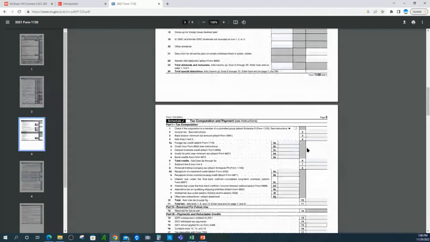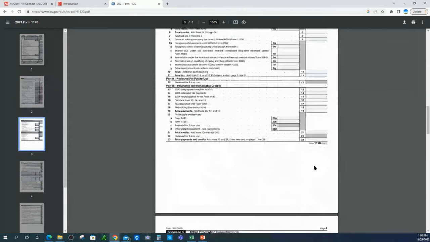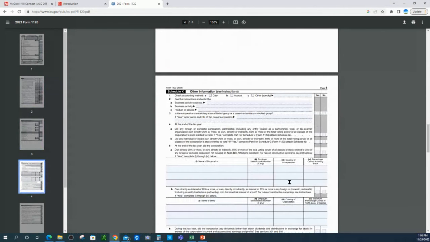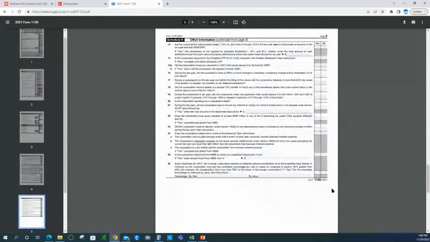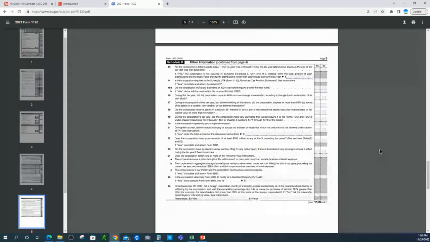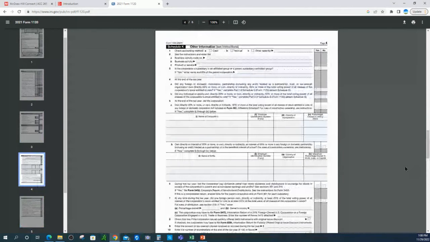The dividends received deduction. Remember we had that big long list of yes or no questions on the 1065; here it's just in a different place, on pages 4 and 5. They want information about whether other entities or individuals own more than a certain percentage of the corporation, and you'll see why when we talk about subsidiaries and brother-sister relationships, so parent-child relationships and brother-sister relationships.